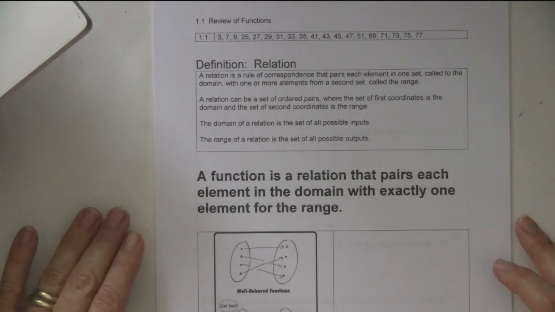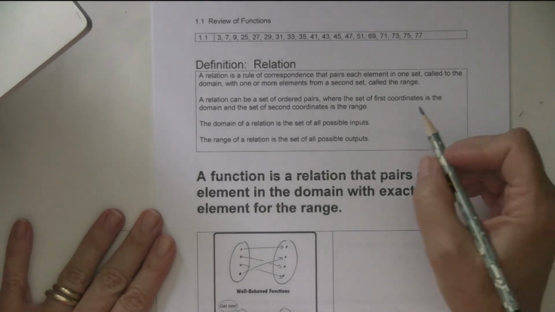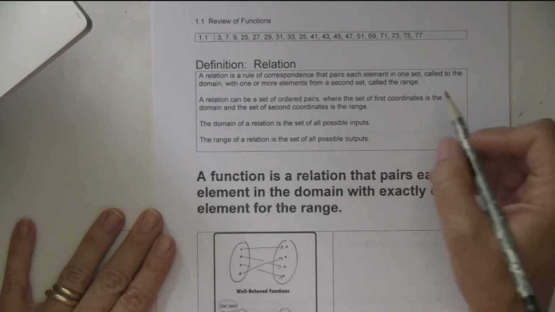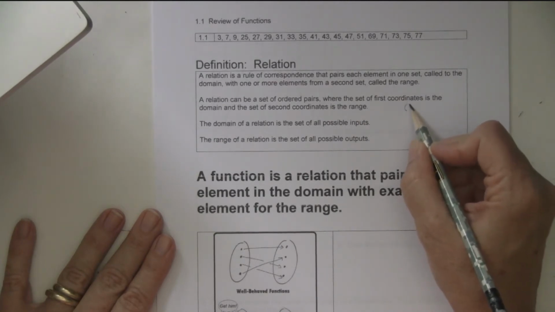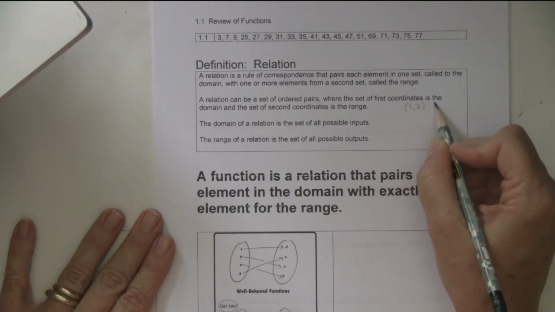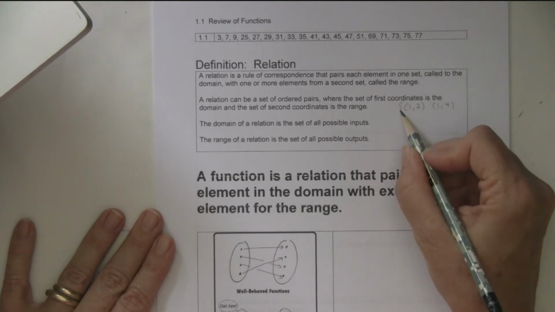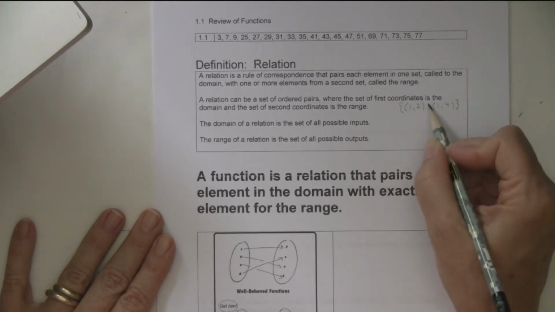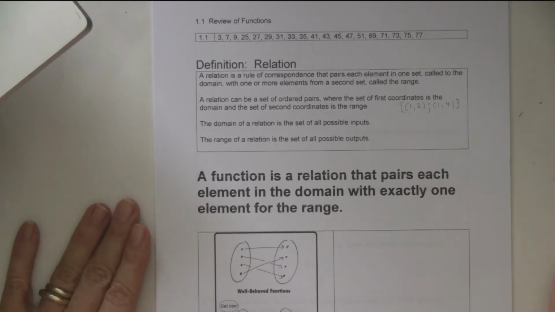And so when they're talking about a set of ordered pairs, any ordered pairs could be a relation. So (1, 2), (1, 4). This could be my relation, those two ordered pairs. And I put them in my little set if I like.